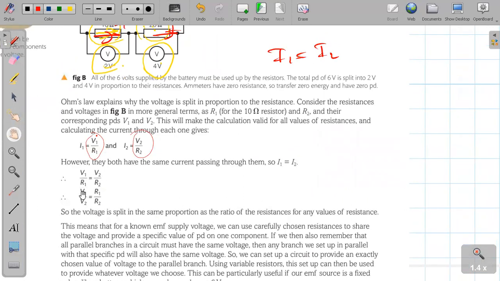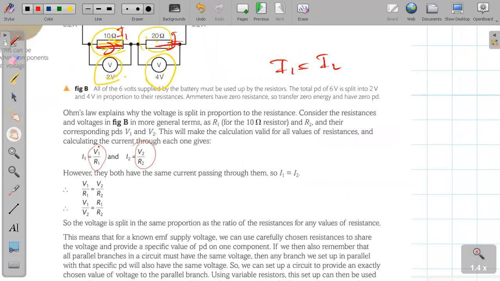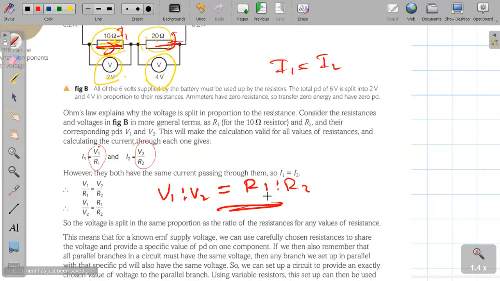Rearrange the equation, so you may modify it this way as well: the V1 to V2 ratio equals the R1 to R2 ratio. In terms of ratio, sometimes this might help you way more than the other conventional method.